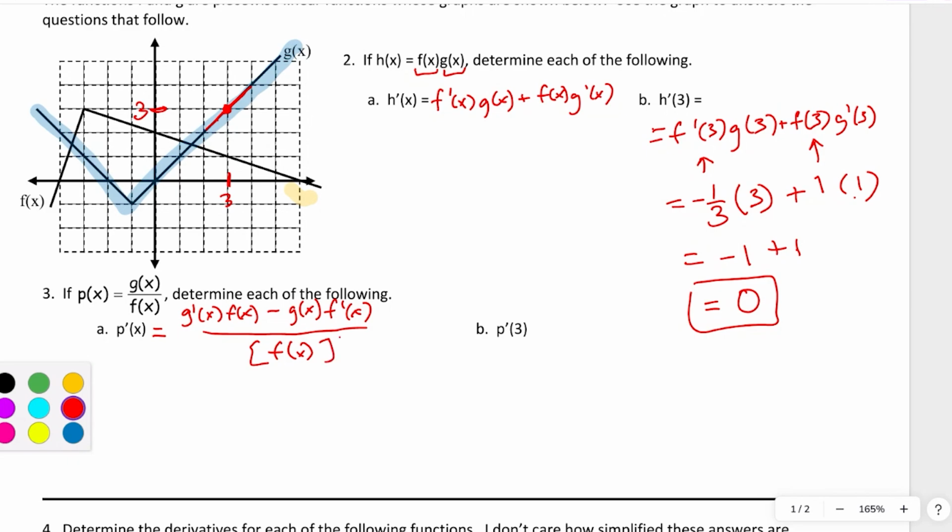Again, I'm going to write this with brackets. So now we want to evaluate this when x is 3. So this is going to be g prime of 3. And luckily we've already evaluated a lot of these. So you can just look back at our work at the previous h prime of 3 problem to get the values we're going to need here.